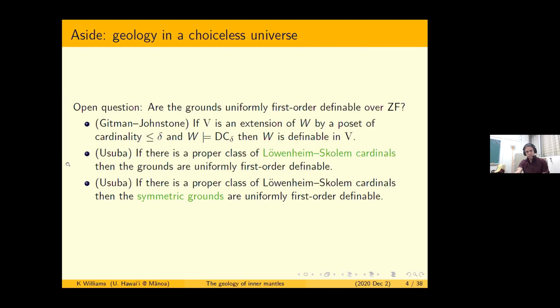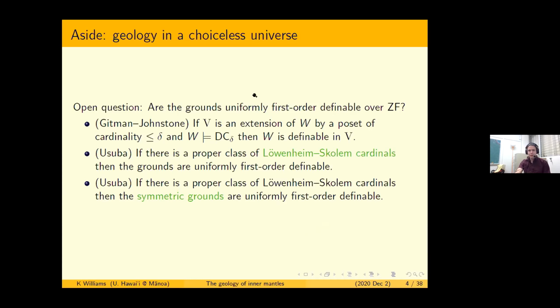Separately, Usuba showed that if you have a proper class of what he calls Lowenheim-Skolem cardinals, then you do get this uniform definability of the grounds. These are basically cardinals that let you do the Lowenheim-Skolem theorem. Of course, in ZFC, every infinite regular cardinal, maybe all infinite cardinals, are Lowenheim-Skolem cardinals. And also, if you have these, you can talk about symmetric grounds. If you do a symmetric extension, but backwards, that makes sense in this context as well.